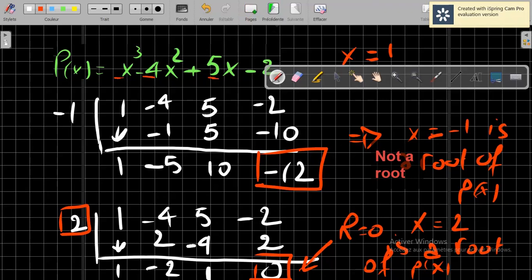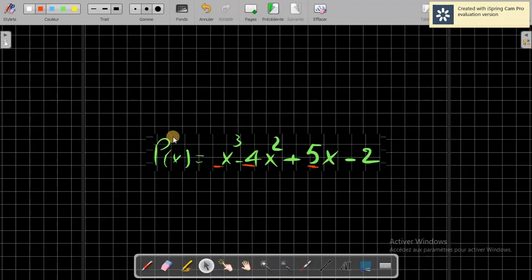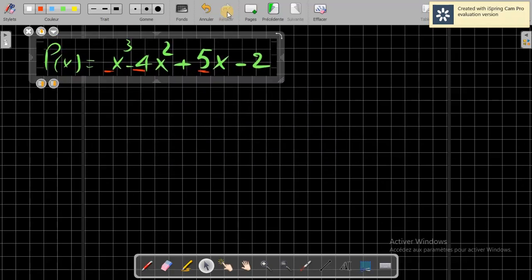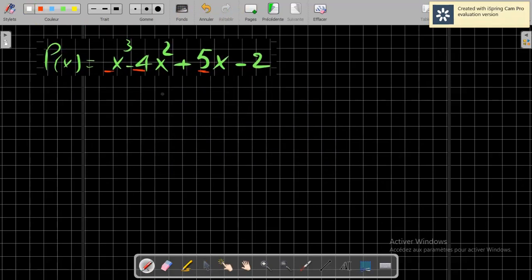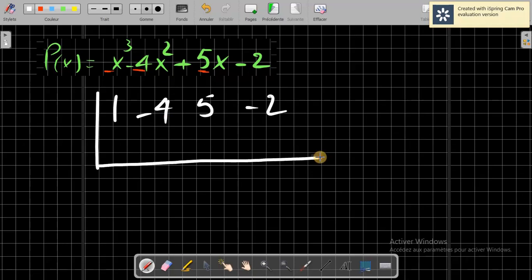So again, I'll check for negative 2. What I have to do is take the coefficients 1, negative 4, 5, and negative 2. Then go with negative 2. So I drop the 1 here. 1 times negative 2 is equal to negative 2. Negative 2 plus negative 4 is equal to negative 6.